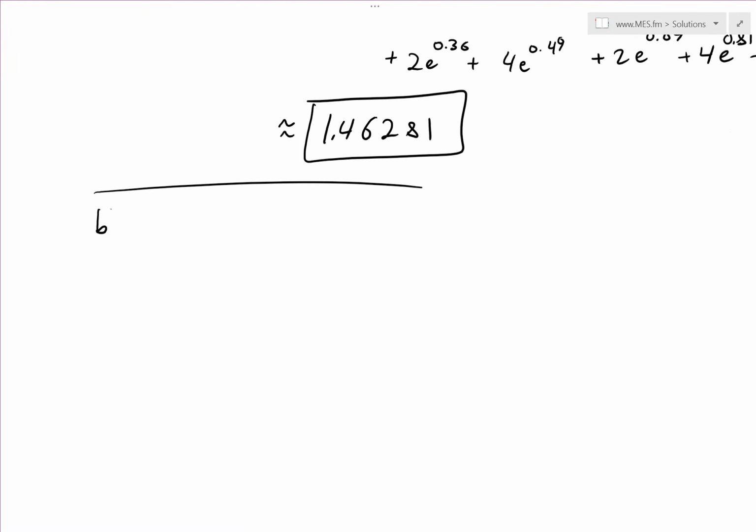So part B, the error. The first thing we'll do is recall the error formula.